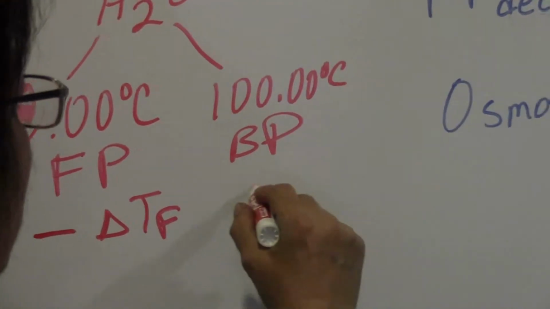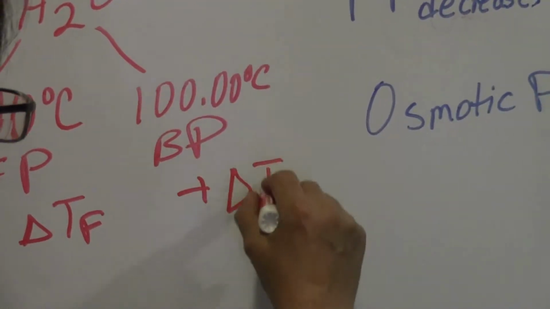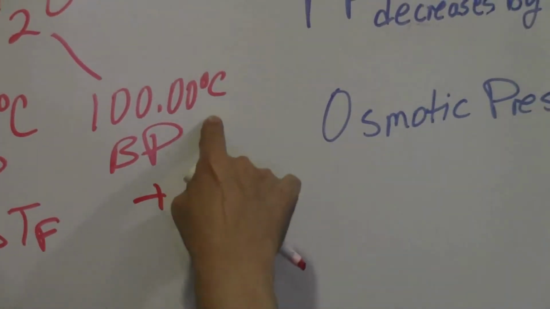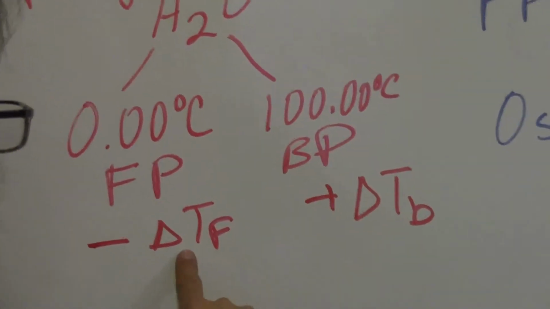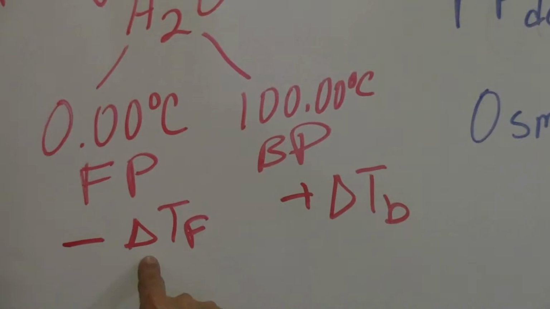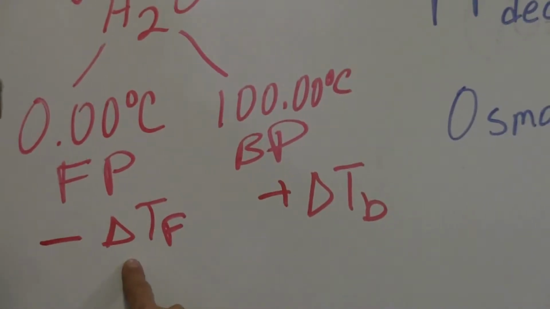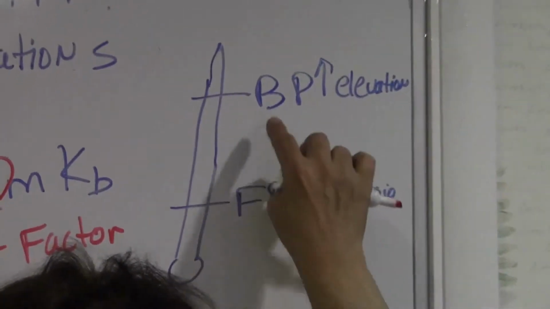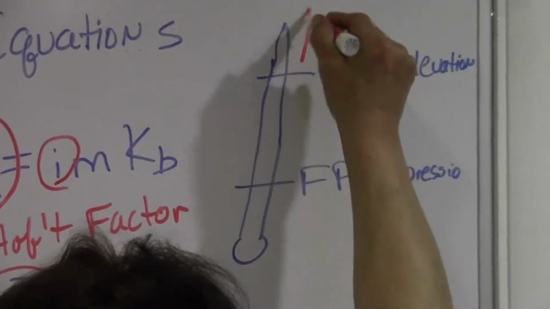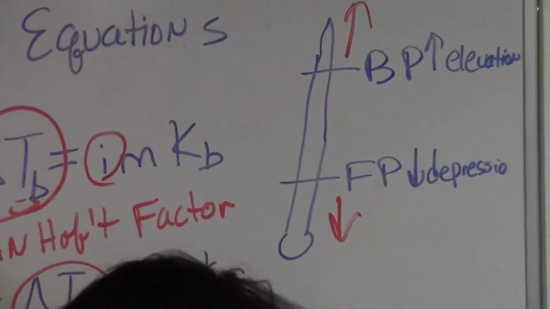For boiling point, whatever you get for delta T sub B, you add to the boiling point of water. And whatever you get for freezing point, you subtract the delta T sub F. And then we have osmotic pressure. So I'm going to leave our thermometer up here. Remember, boiling point always goes up and freezing point always goes down.